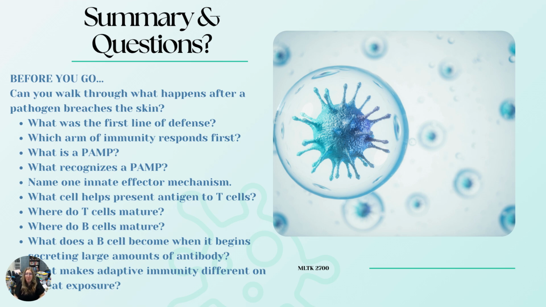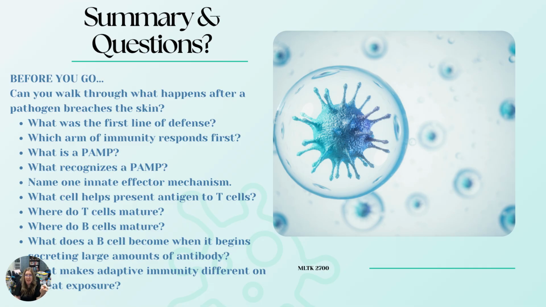All right, so before we finish, let's see whether we can tell the whole story without looking back. So, recall a pathogen is sitting outside of the body. What's the first line of defense? Now, let's say that pathogen breaches the skin via a cut. Which part of the immune system is responding first?